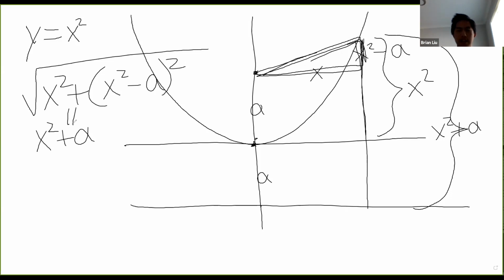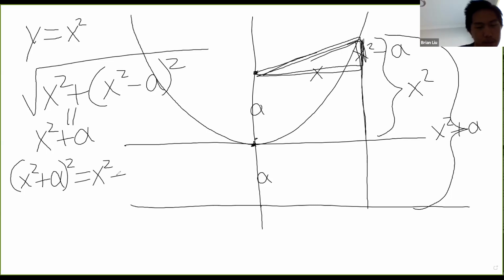Now, how do we find what a makes a good focus and directrix? Well, we have this weird square root here and then these squares inside. So what we can do is square both sides to take away this annoying square root. So (x squared plus a) squared is equal to x squared plus (x squared minus a) squared.